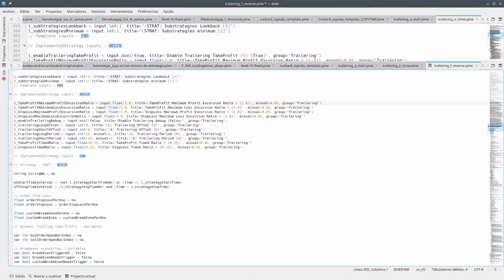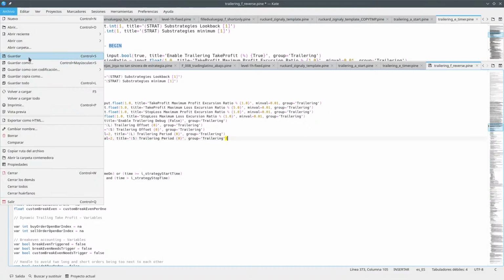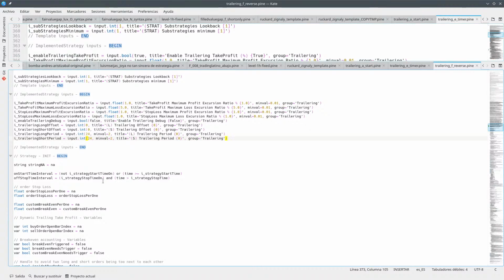Maximum profit exclusion ratio, maximum loss exclusion ratio, this and this. Trailing debug, yes. Long offset, short offset, these are settings, yeah. This period, yes. And this timed, we don't need them because this is from the timed strategy. Okay, so now I think we have this.